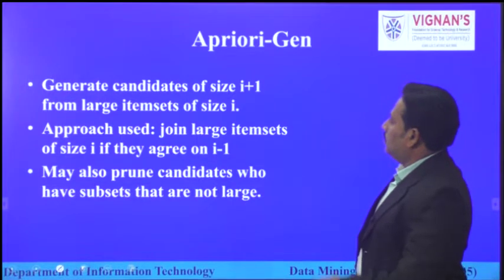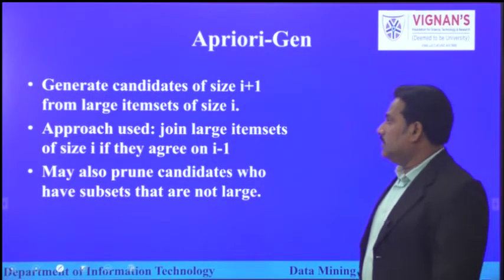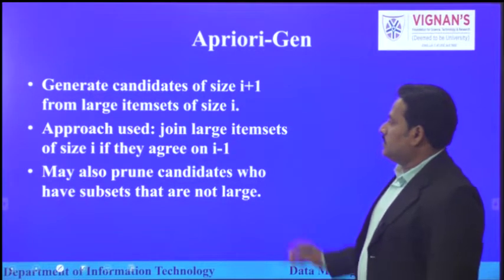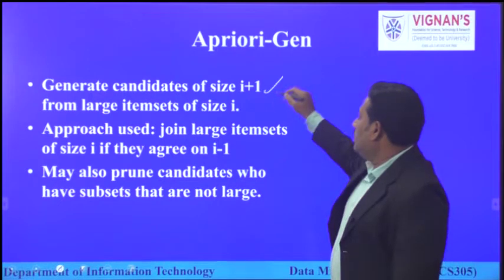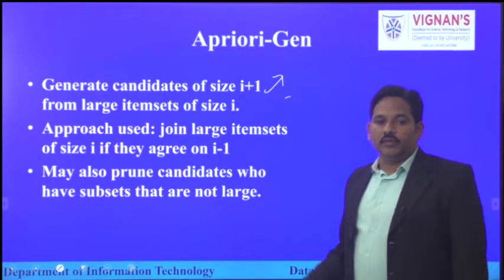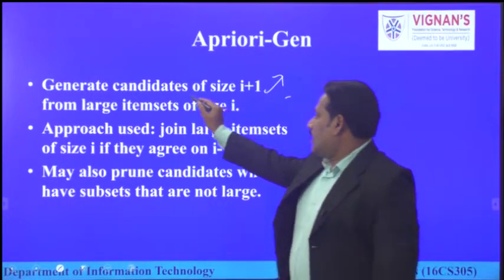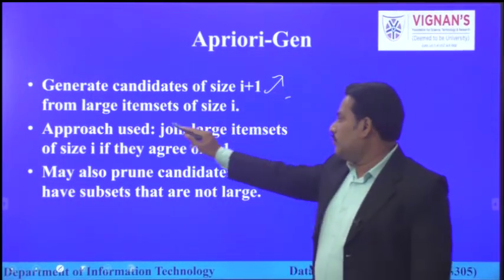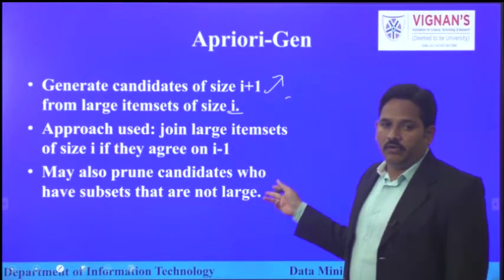Now, how can we apply that function, that is Apriori generation? In Apriori generation, generate candidates of size I plus 1. Initially we generated only for one item set. Now we want to repeat the process up to n number of item sets. Create candidates of size I plus 1 from large item sets of size I. Initially I equals 1.